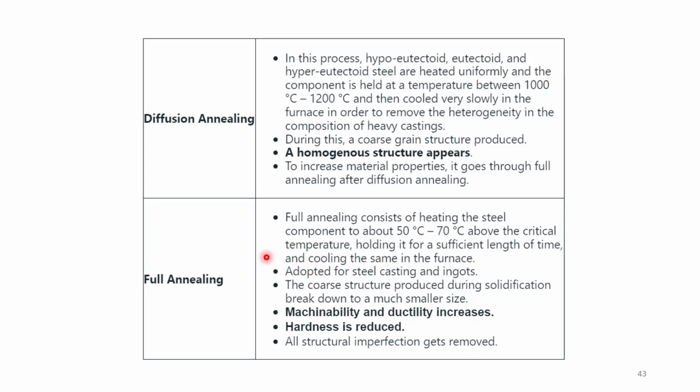It is adopted for steel castings and ingots, and the coarse structure produced during solidification breaks down to a much smaller size. The machinability and ductility increase and hardness is reduced. In this case, all structural imperfections get removed.